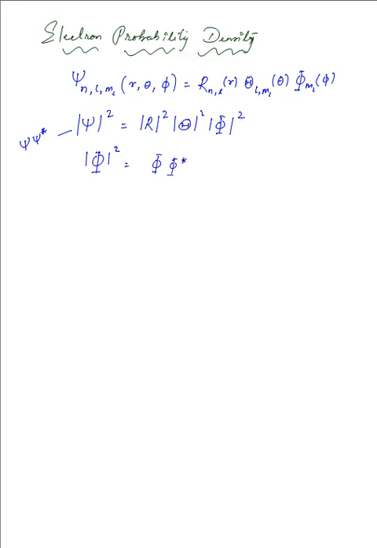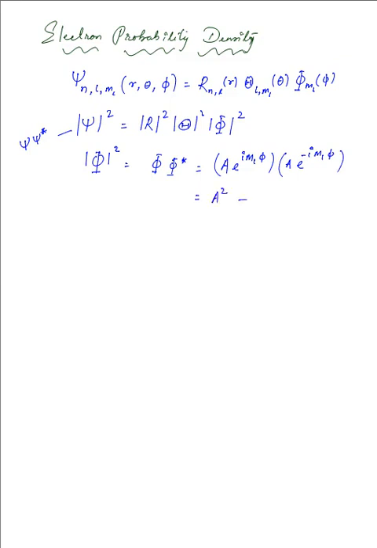As we know, we had obtained a solution of the form A times e raised to the power i ml phi, and its conjugate will be A times e raised to the power minus i ml phi, and multiplying both of them we just get A squared.